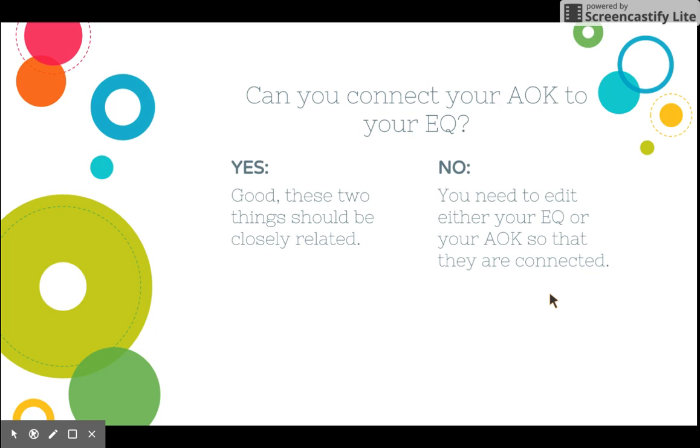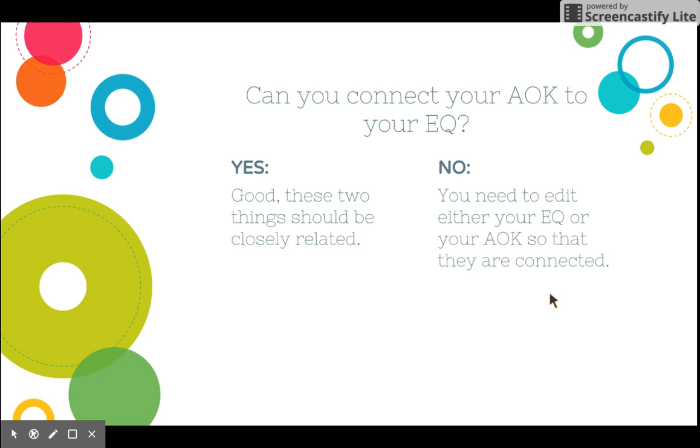And so if you've got a really cool AOK idea, then maybe think about your essential question as being built on that, right? What question can you ask that your AOK is going to be an answer to? That might be a better process. Start with your AOK and then craft an EQ to fit with that.